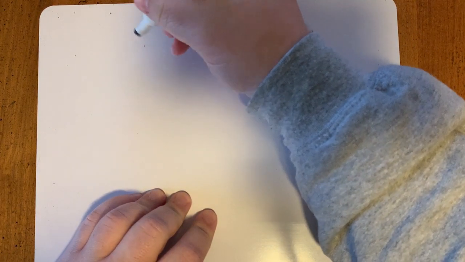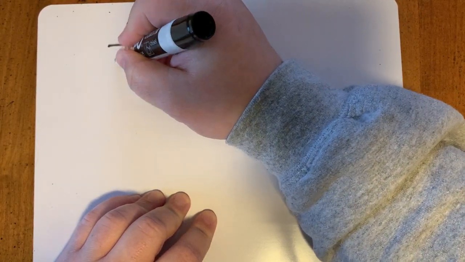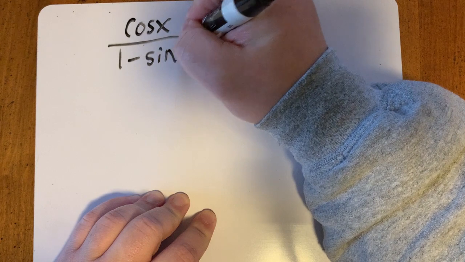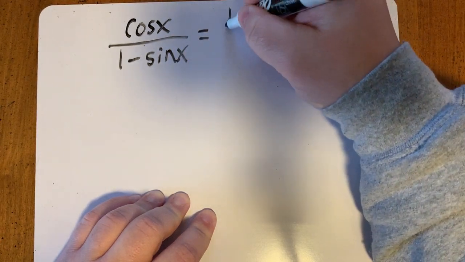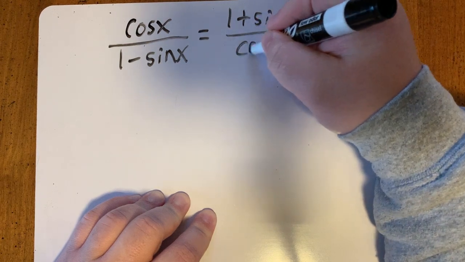A third strategy is sometimes you'll have an expression like this. Cosine of x divided by 1 minus sine of x equals 1 plus sine of x over cosine of x.